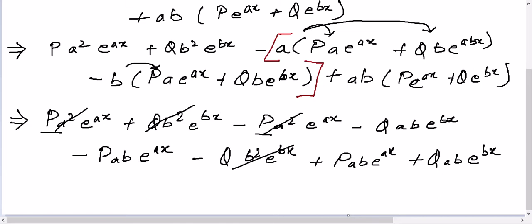I'll just use a different color for them: p b square here and p b square here, and this one and this one. If you don't mind, I will use green also over it so that it's more identifiable. As you can see, this all sums up to 0. Thus proved. Thank you.